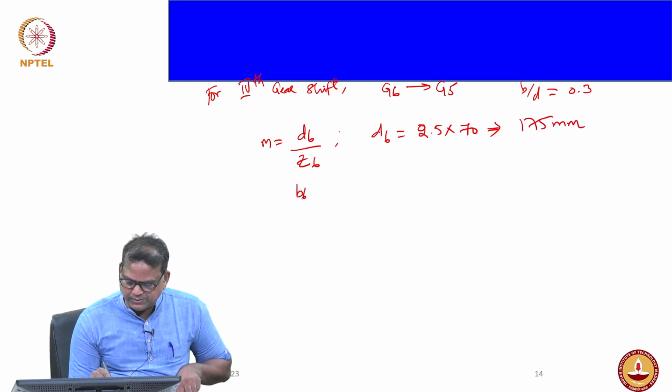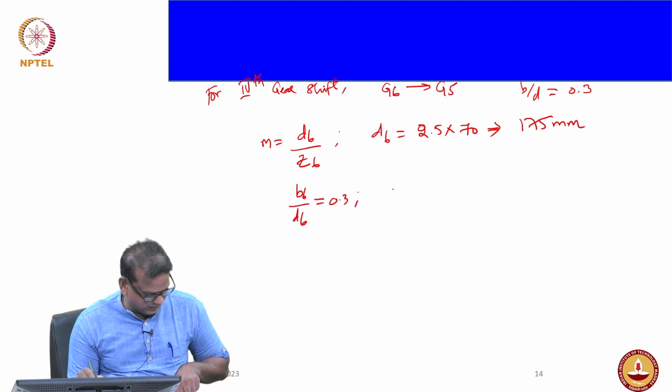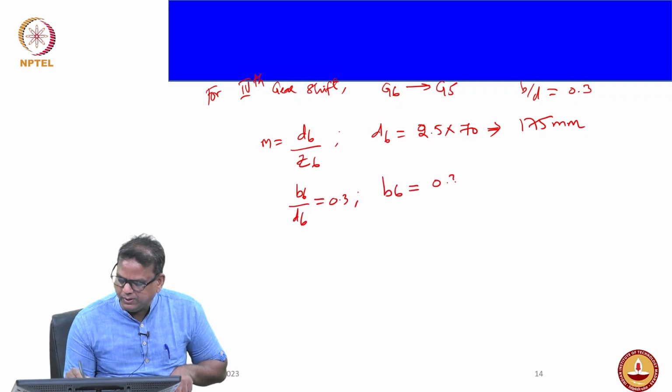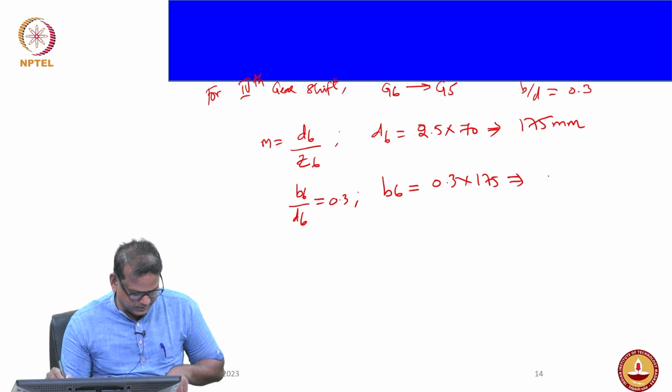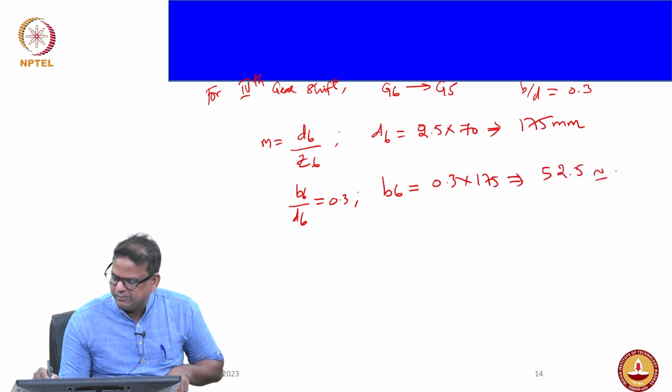Then B6 by D6 is 0.3, so B6 is 0.3 times 175, which gives 52.5. We will make this approximately 53 millimeters.